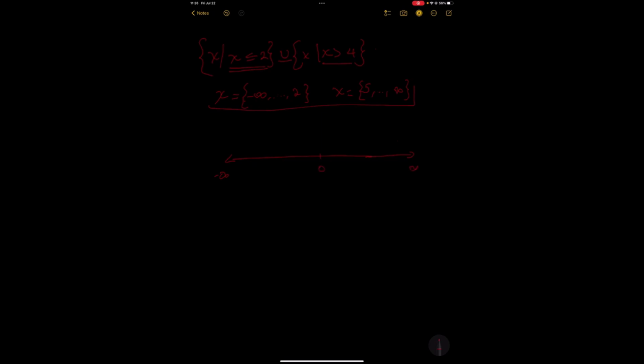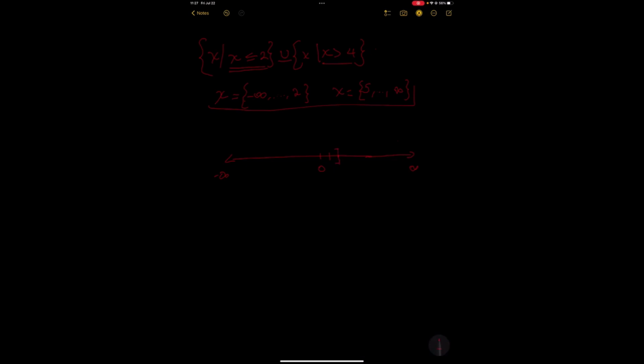Now, x is less than or equal to 2, so 1, 2. Because 2 is included, what do we put when we have a less than or equal sign? You got it right. You're going to put a square bracket.